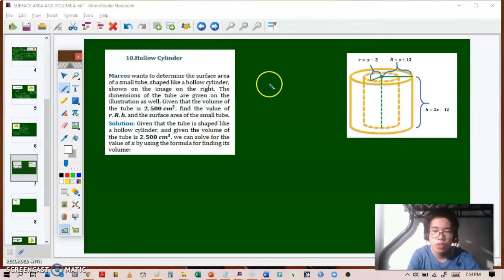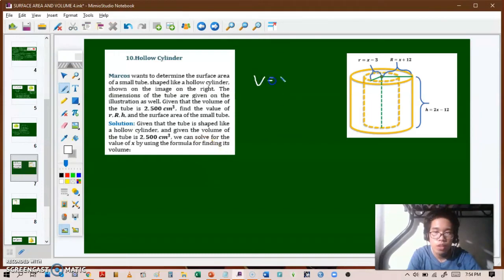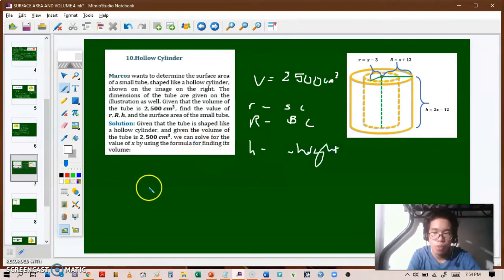Given that the volume of the tube is 2,500 cubic centimeters, we need to find the small r, the radius of the small circle, the big R, the radius of the big circle, and h, the height of the hollow cylinder. Then we want to know the surface area of the small tube.